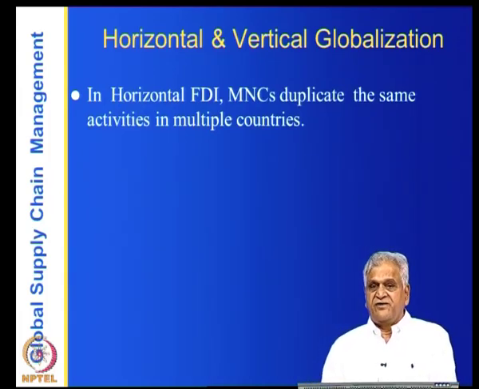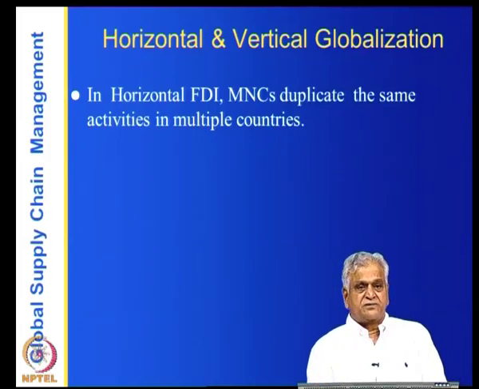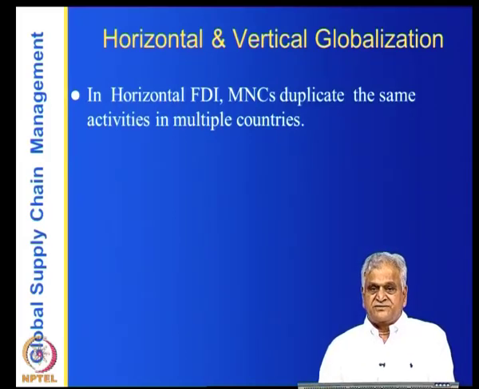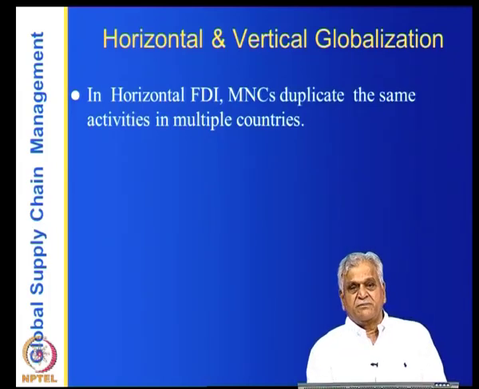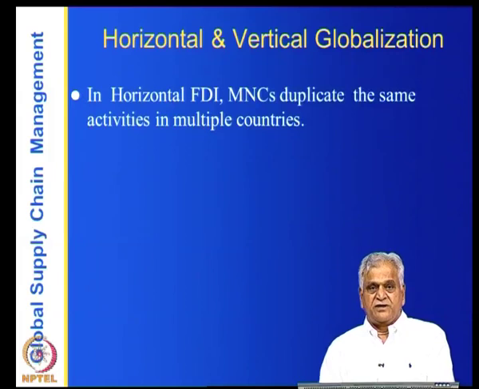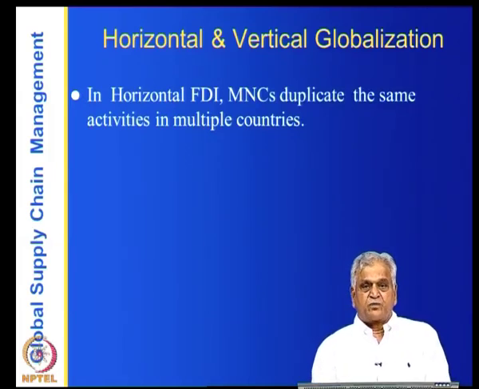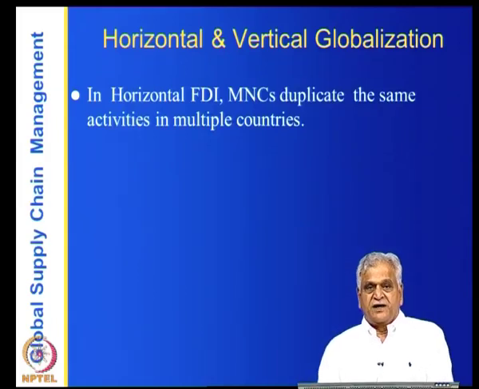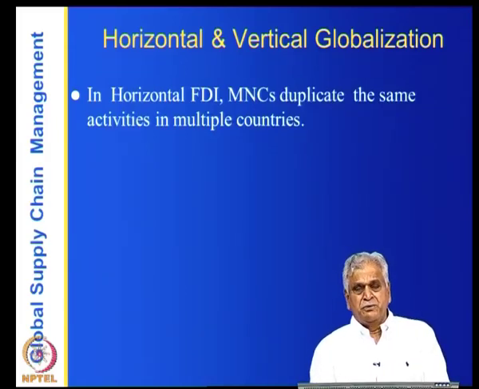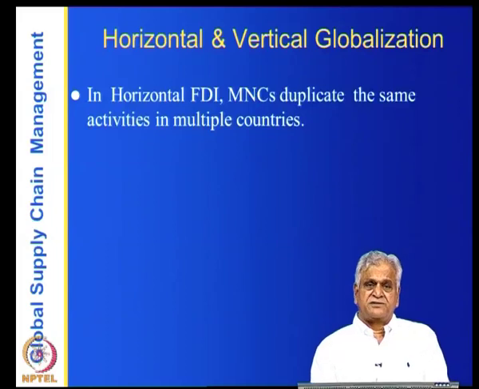In other words, if they have a factory to manufacture a car in Japan, they will just come to India and have the same kind of factory here. And that means they require the same components either imported from Japan or some other place, or they have to duplicate even the suppliers here.